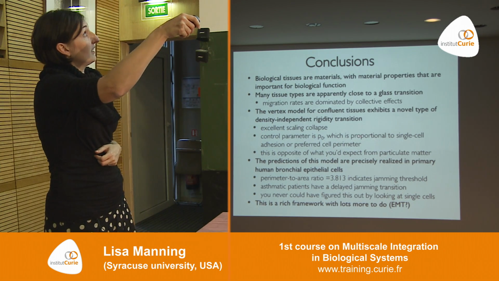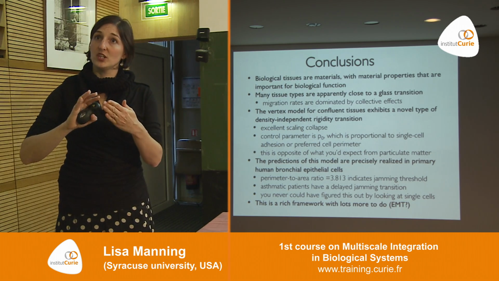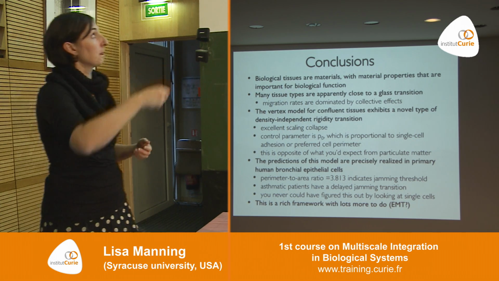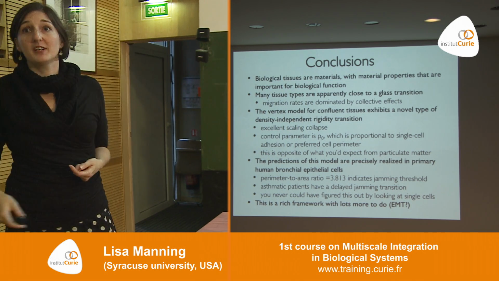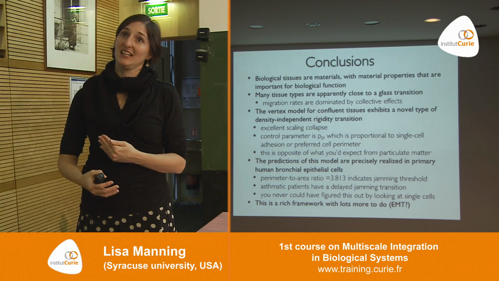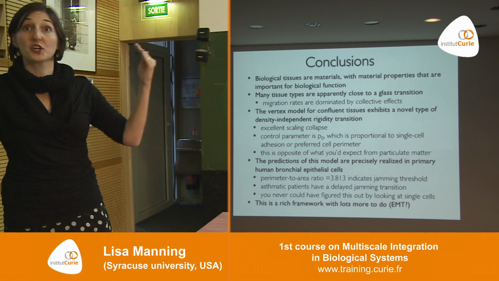The idea would be that it's basically some regulation of adhesion and cortical tension that is conspiring to change this P0 variable. That's the idea. And that's opposite of what you'd expect for like colloids or particulate matter. It's exactly the opposite in sign. So as you become more adhesive, you actually become more fluid-like once you're confluent.